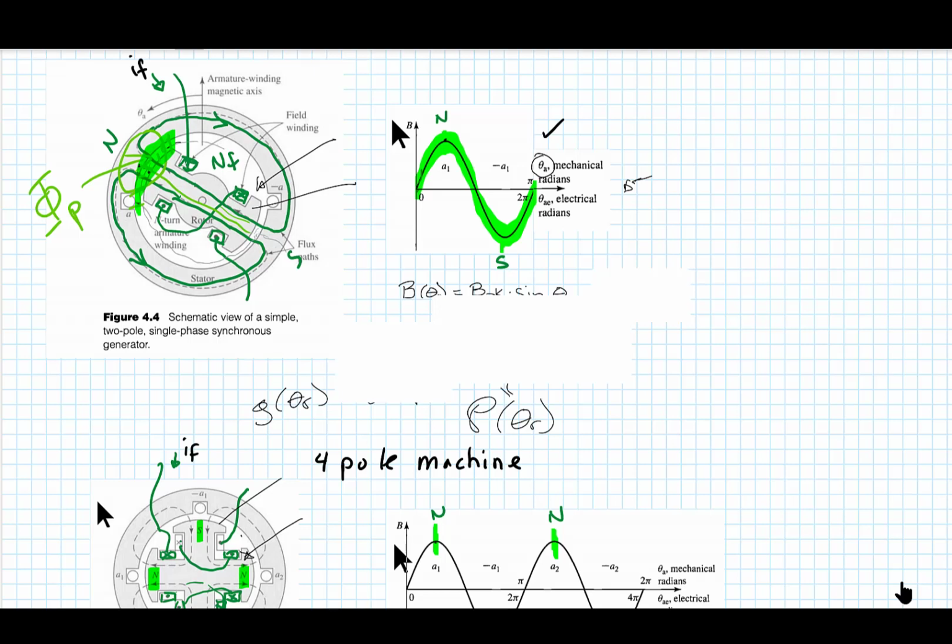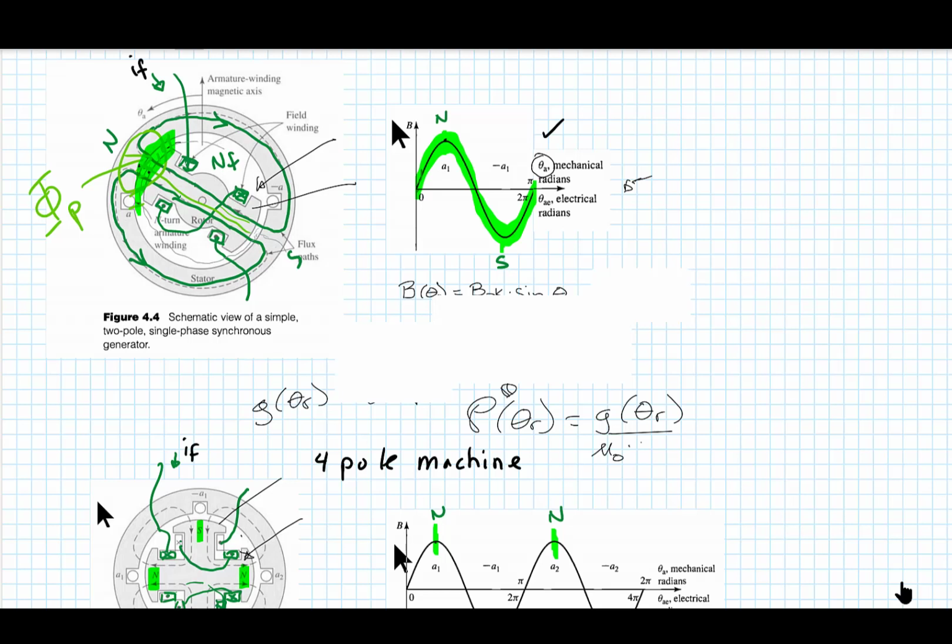That would be coming from this air gap function here. So the permeance function would be G theta r if it's only in the air gap, so we're assuming that the permeance or reluctance of the rotor and the stator are infinite.